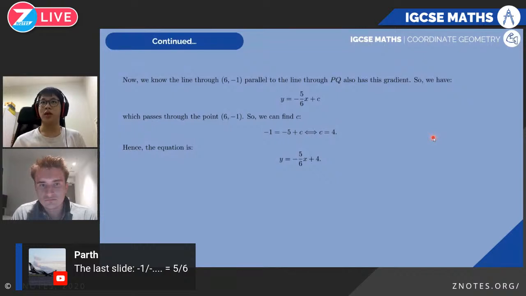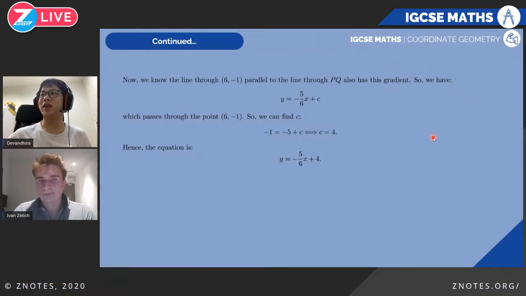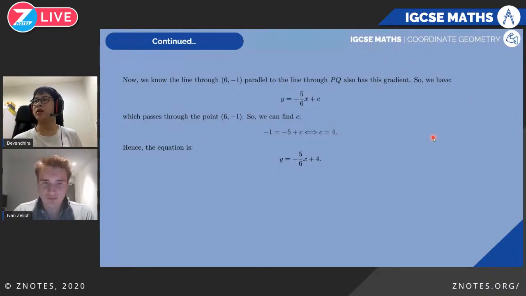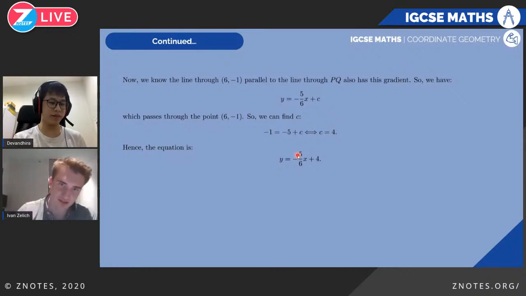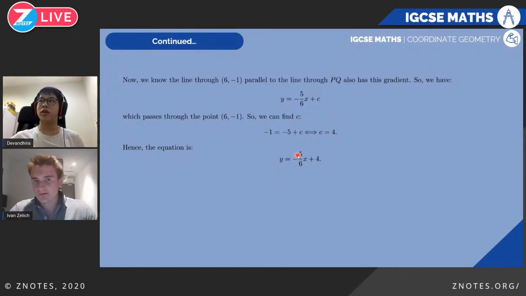I don't know where 4 by 7 is coming from, so I think that's the answer. Remember that the product of the gradients is -1. As Devin said, the -5/6 becomes just 6/5, and you take the negative.